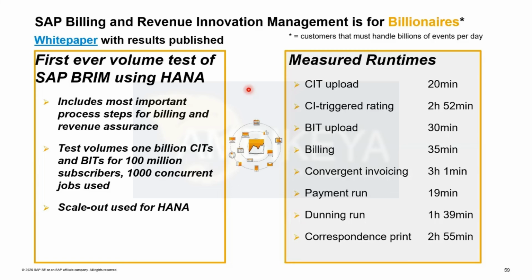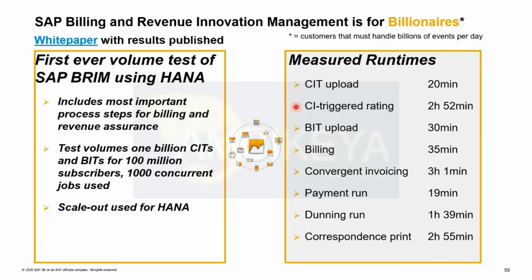So in other words, we had roughly 10 SITs and bits per business partner. You can see the results in the gray box on the right hand of the slide. SIT and bit upload, billing and payment run took roughly half an hour. CI triggered rating, what I explained also before. We can store and collect the consumption items and then hand over to rating.